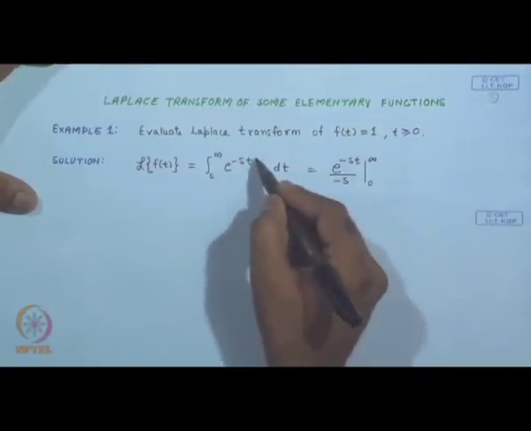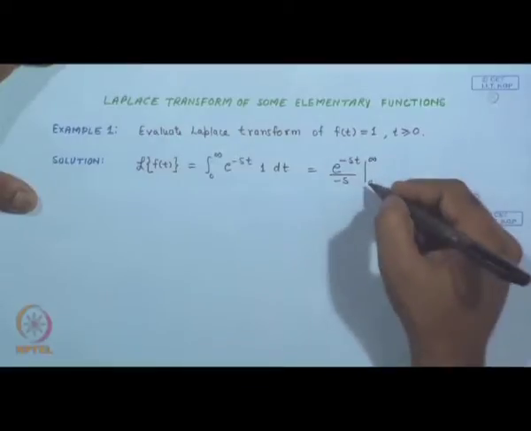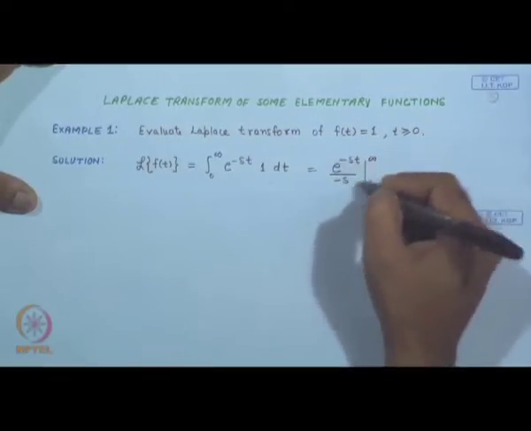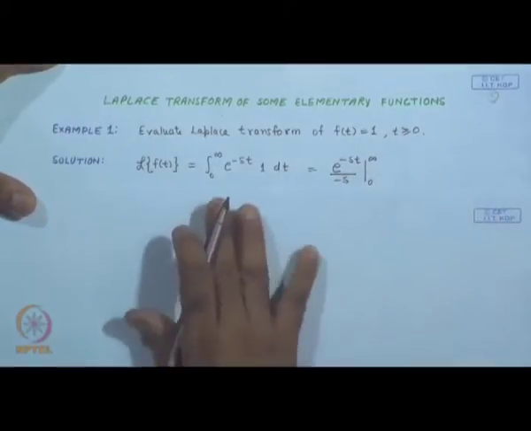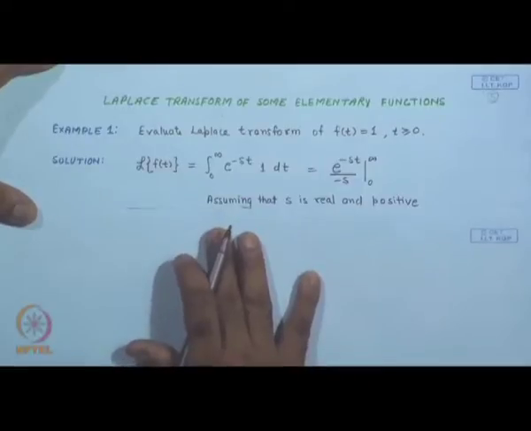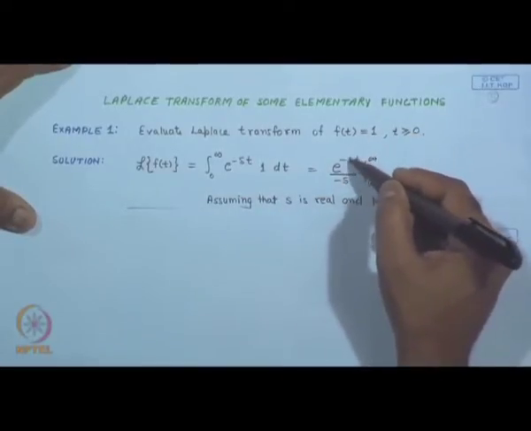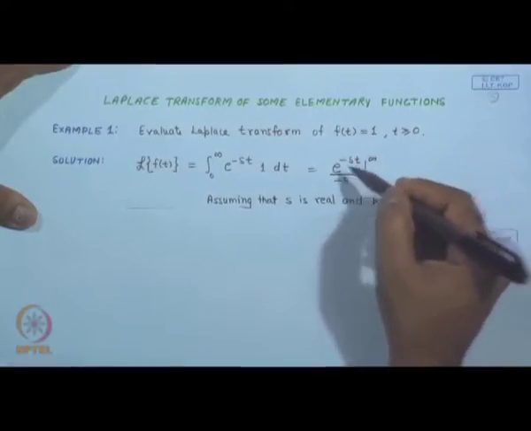We can integrate this easily. So, we have e^(-st) over minus s and the limits 0 to infinity. First the upper limit, and then minus we set the lower limit. We assume first that s is real and positive. Then what will happen when t approaches infinity?